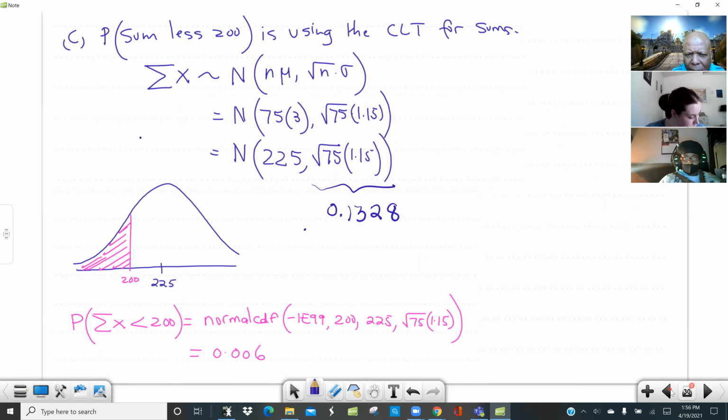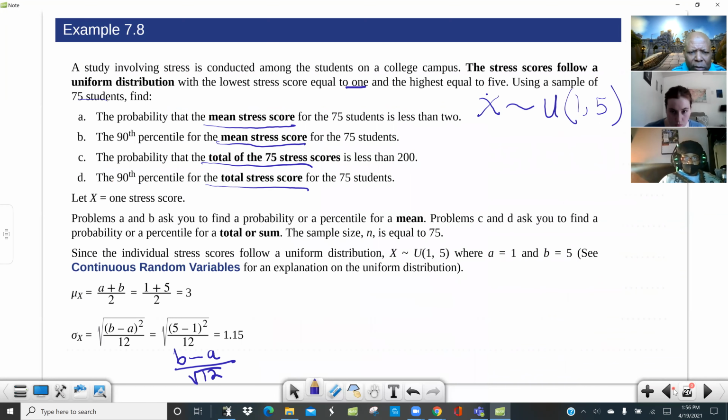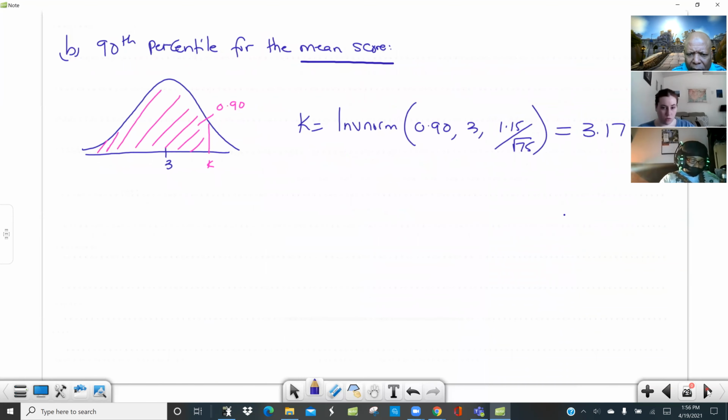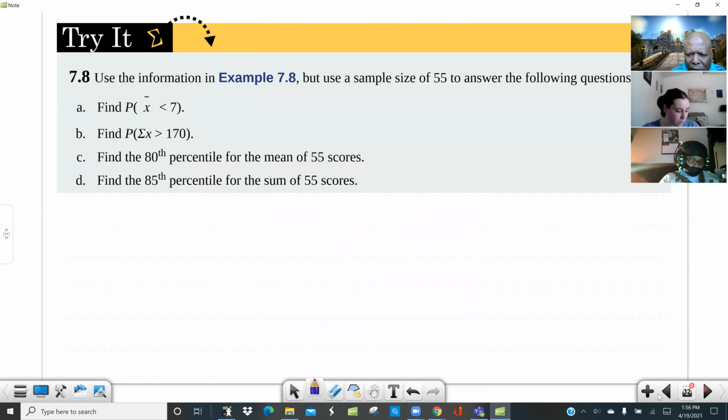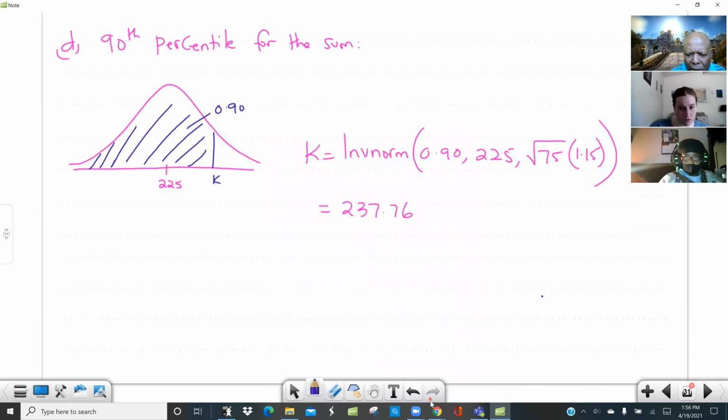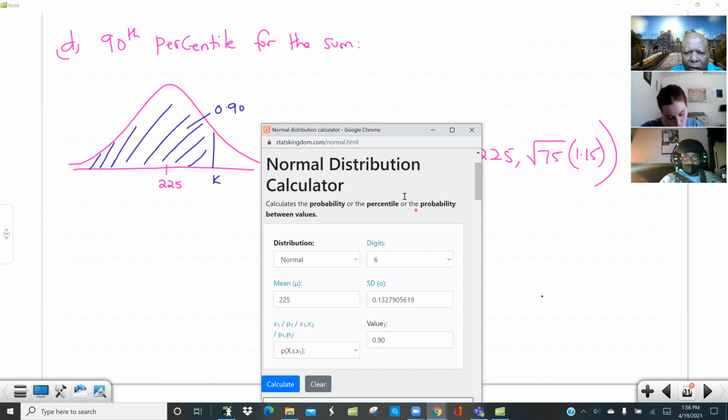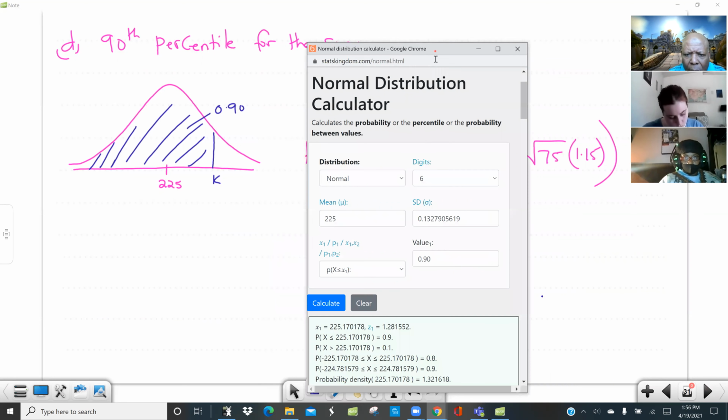Why am I getting different values? 90th percentile, 3 times 75. Am I right? How come this is giving me some wrong numbers here? Why? Let me see. Normal distribution, the mean is 225. Is that true? 75, I'm sorry. 75 times 3, 225, yes.